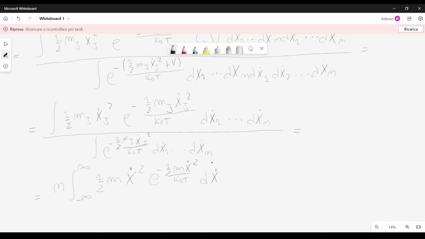So you can actually easily understand that all these integrals will become independent. You can easily see that there are some simplifications here when we take this ratio. Then here we'll have the integral from minus infinity to plus infinity of e to the minus 1/2 m x dot squared over k Boltzmann T dx dot, just like that.